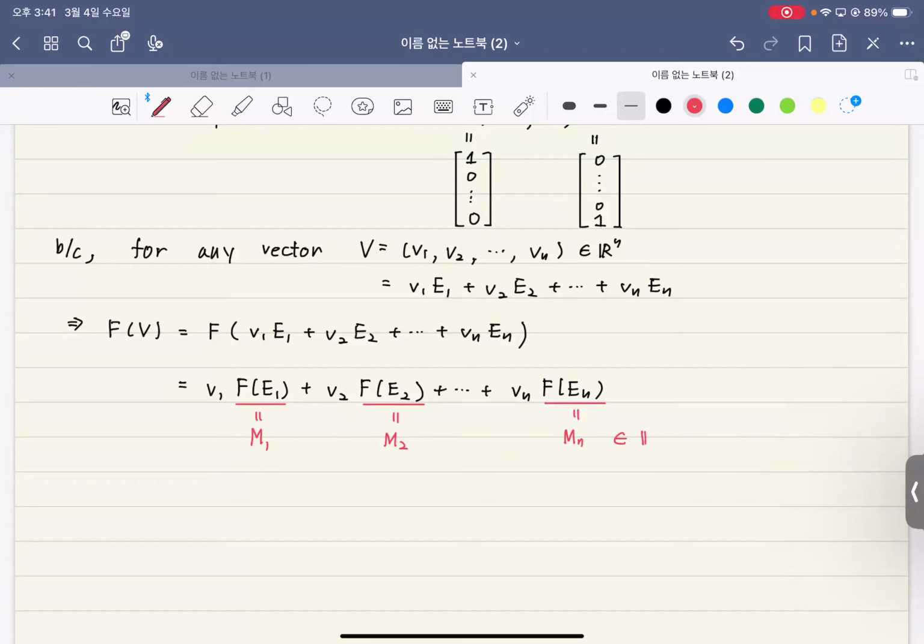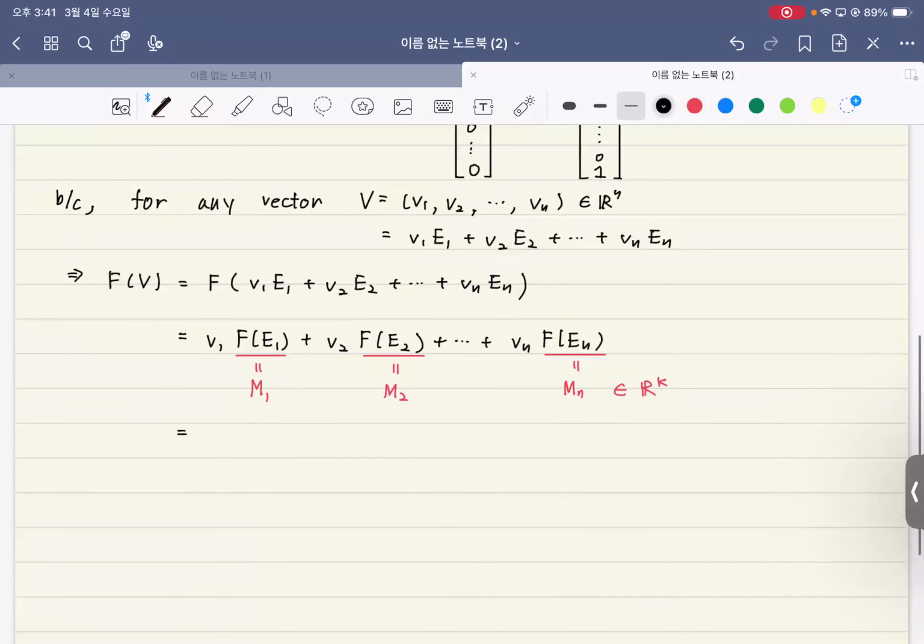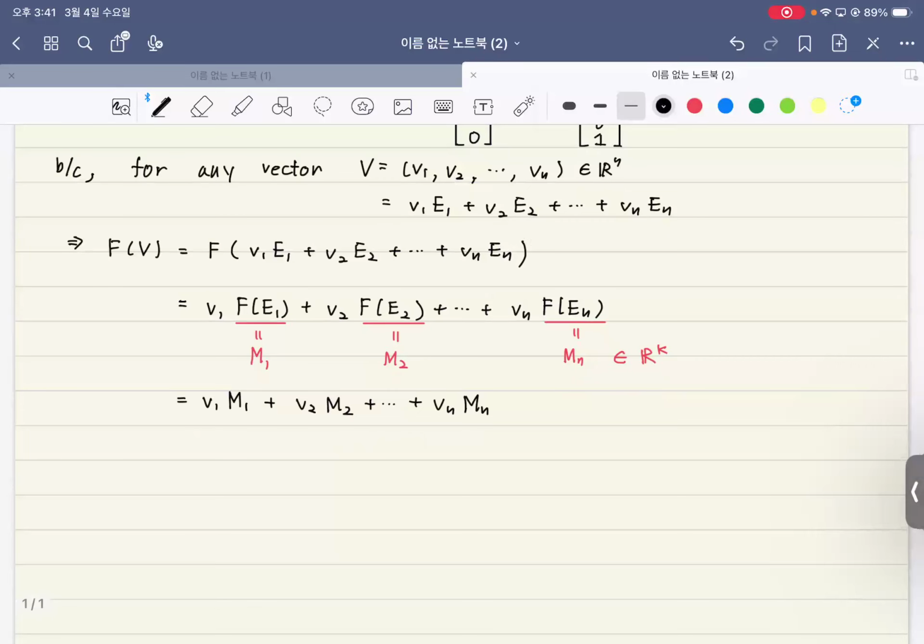All these vectors from M1 to Mn are k-dimensional vectors. So the function value is v1 M1 plus v2 M2 plus ... plus vn Mn. Therefore, if you can find each of these vectors from M1 to Mn, then we can completely determine the function f. We have every piece of information about it.